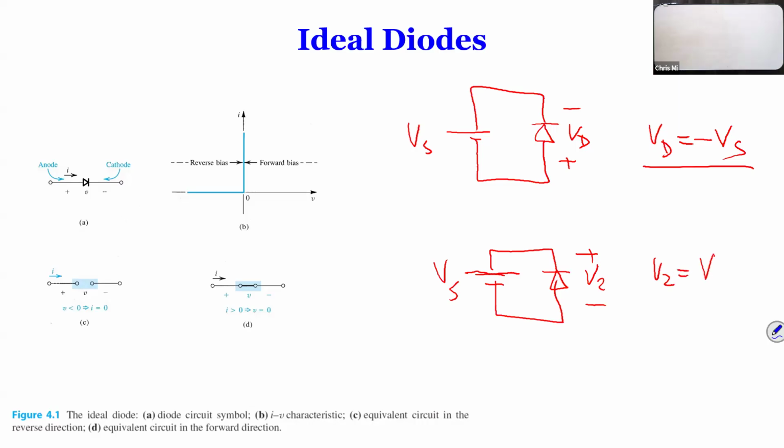So V2 is going to be VS, and it's going to be minus VD. So that's how you define a circuit. All of them are right, nothing wrong, as long as you know what you define. Just like a current, when you define this direction and your current flows the other direction, it's negative. Voltage is the same. If you define it this way, but the voltage is actually in the other direction, it is negative.